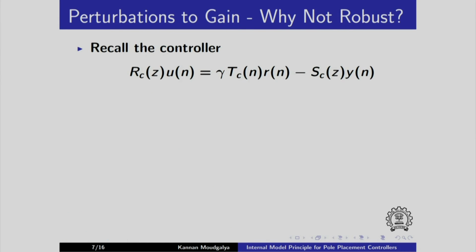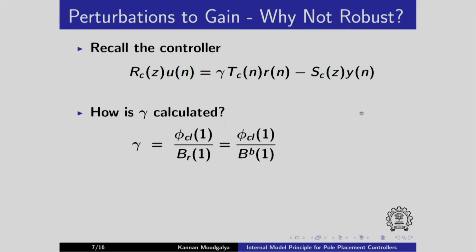So now we will explain why perturbations to gain are not handled. Recall our controller, 2-DOF controller, and also recall how gamma is calculated. Gamma is the value chosen so that at steady state the gain is 1. It is obtained as follows.